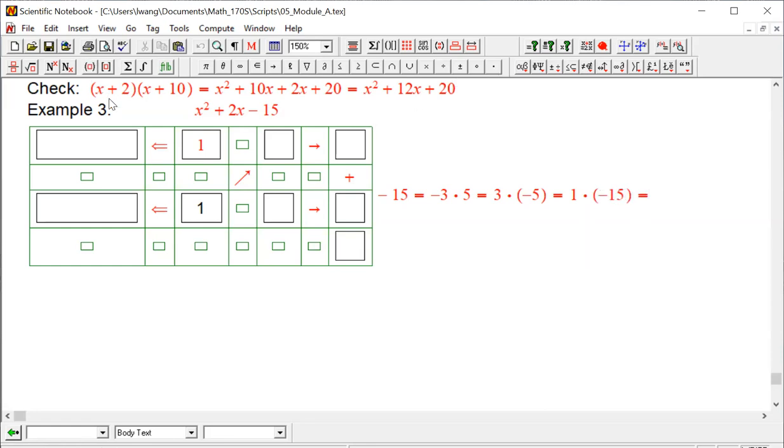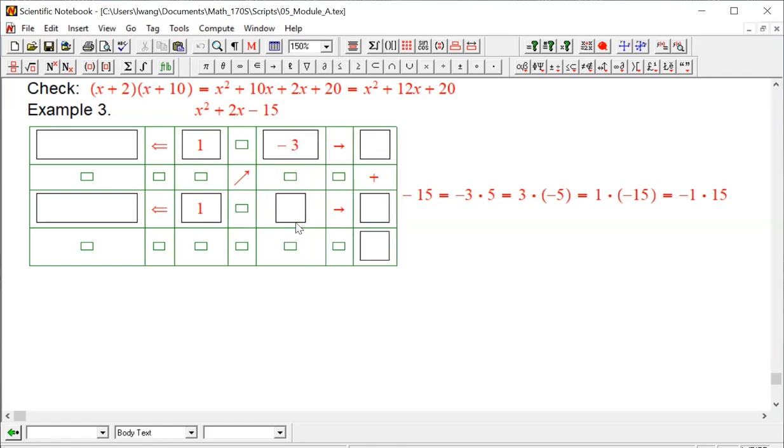It also equals negative 1 times 15. Okay, so once again, we're going to try one pair at a time. So suppose we try negative 3 times 5.